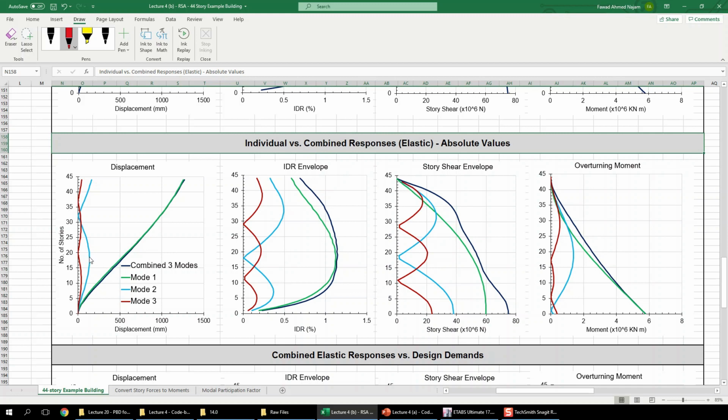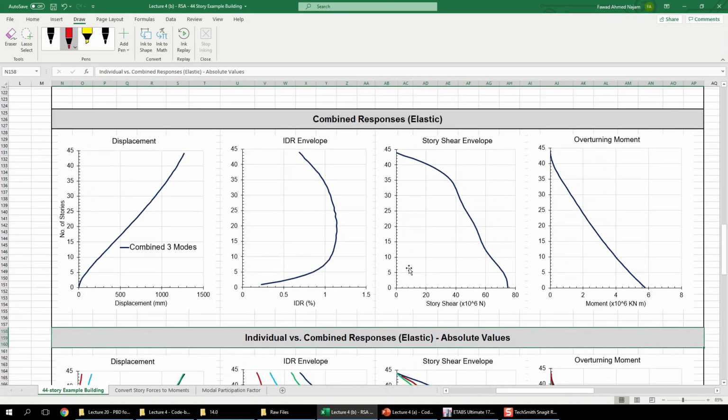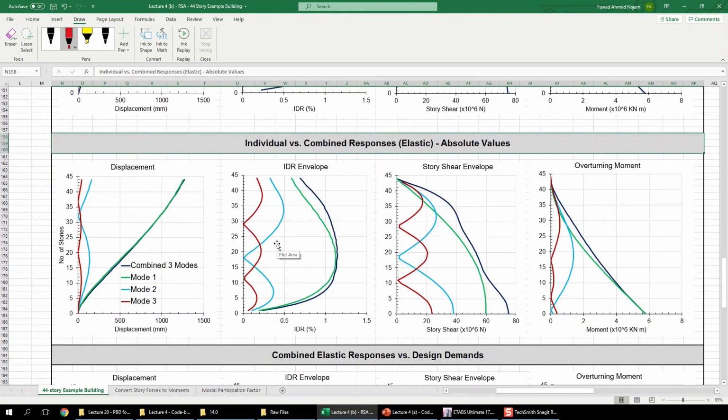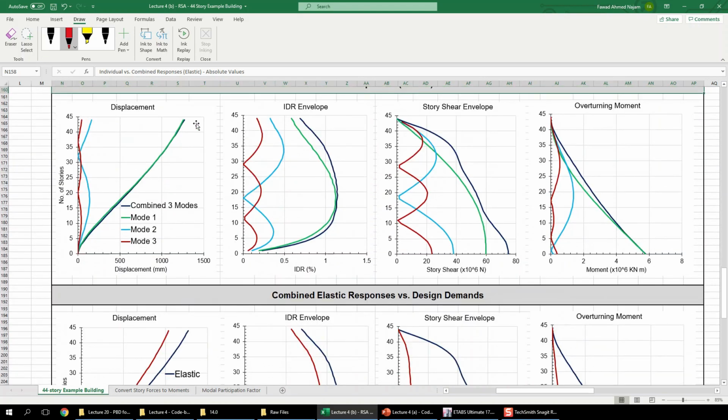Here I have plotted only the absolute values, so the lines are not going to the negative side, they are coming back again to the positive side for the purpose of comparison of amplitudes, because the combined responses will always be positive. When you apply SRSS, all the negative values will be converted to positive, and you will only get the positive results from RSA analysis.